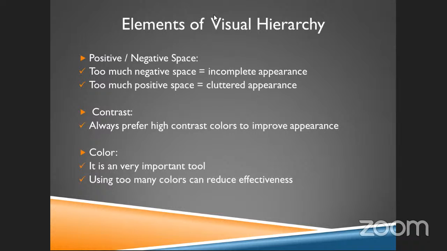So positive space is where the main focus is the image or the text, while negative space is where the main focus is the background. Positive and negative space are very good together. They should not be used individually, but they are very good together, and they create a sense of balance and rhythm.